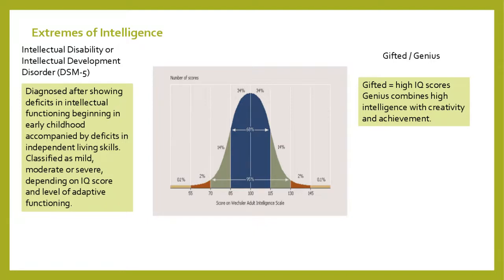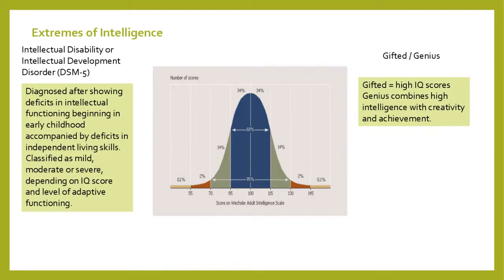In the same way, a very small fraction of the normal population, and we always talk about the normal population, sit to the right, which is where the higher level of intelligence is, where you talk about gifted and genius. Gifted students generally have high IQ scores, whereas genius combines high intelligence with creativity and achievement.